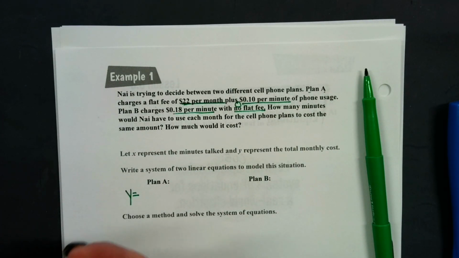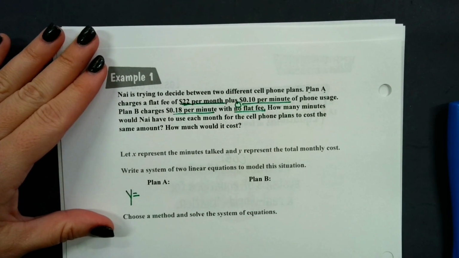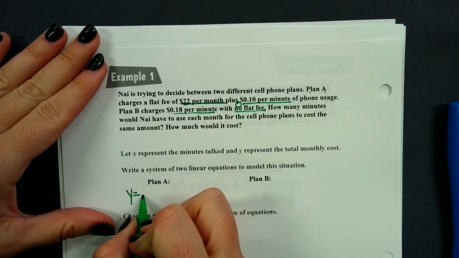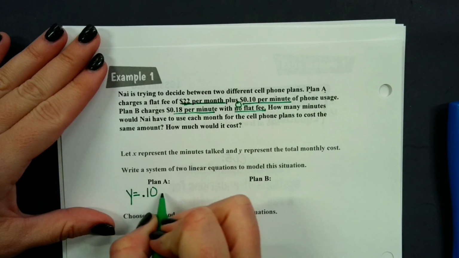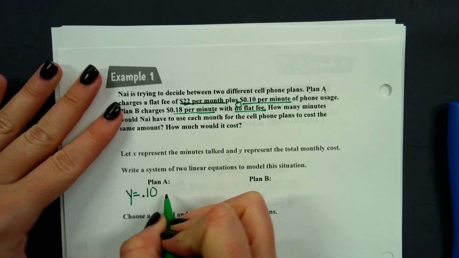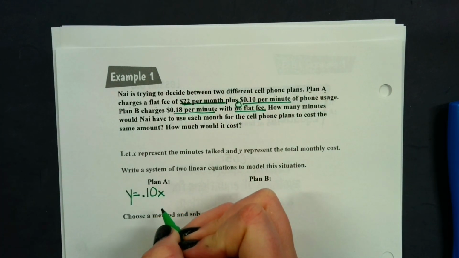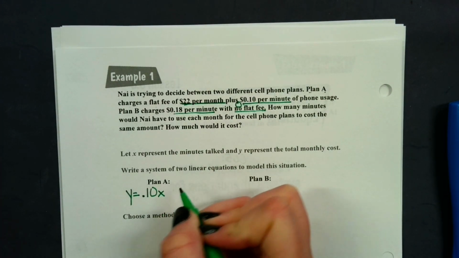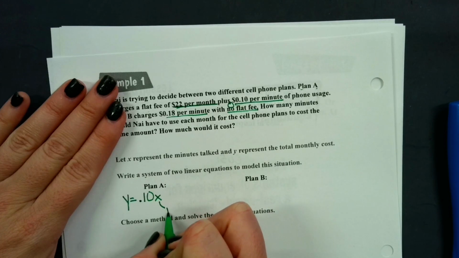When she's using it. So the more minutes she uses it, the more expensive it's going to get, right? So whatever's making it change is the first number you're going to use. It's 10 cents per what? Minute. Whatever's following the per, minute, that's what the X represents.